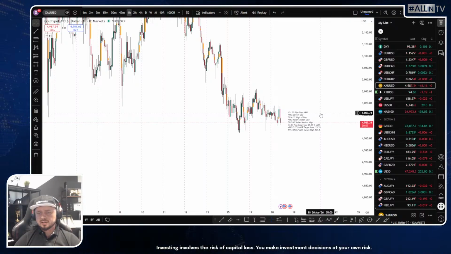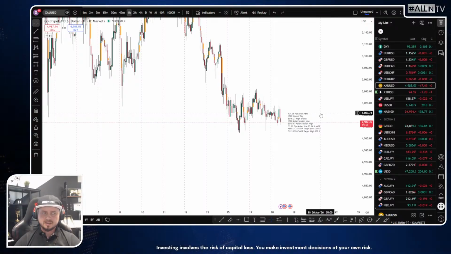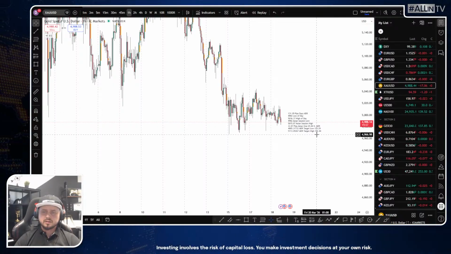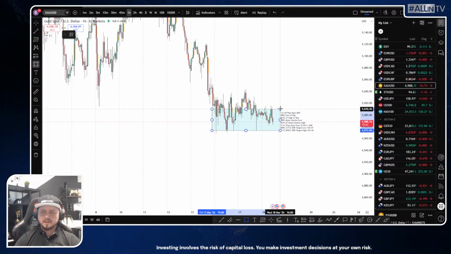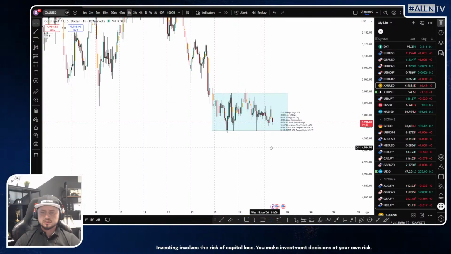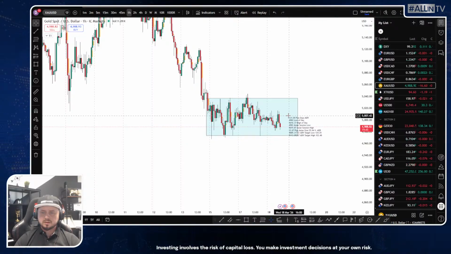Not only in the United States, we have bank statements from Great Britain, from Switzerland, from Canada. So a lot is going on. That's why we're probably stuck in the range here. So maybe after all that news, we're going to set a direction on gold.